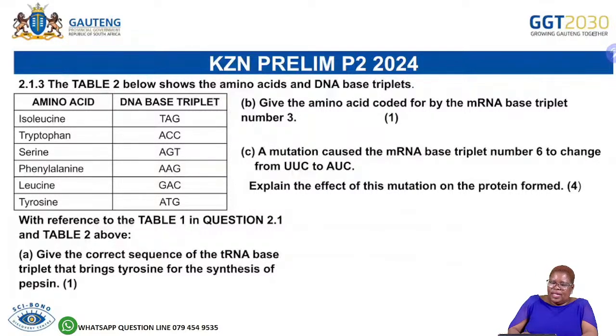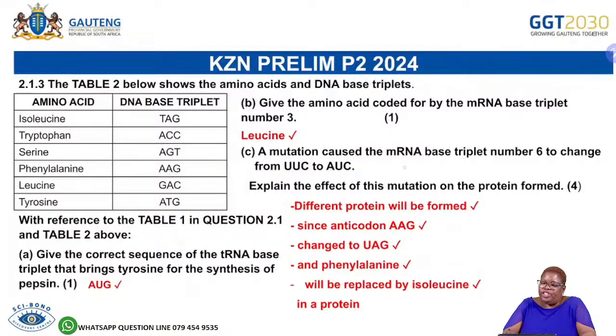Give the correct sequence of the tRNA base triplet that brings methionine for the synthesis of pepsin. You look at the methionine, and it is AUG. Give the amino acid coded for by the mRNA base triplet number 3. Base triplet number 3 is leucine, right?